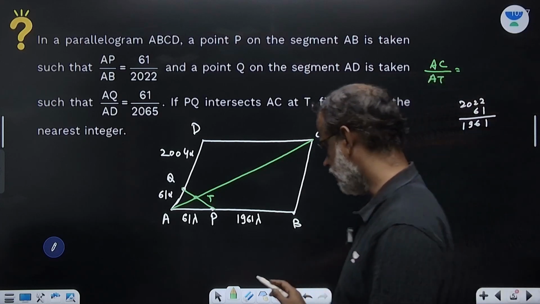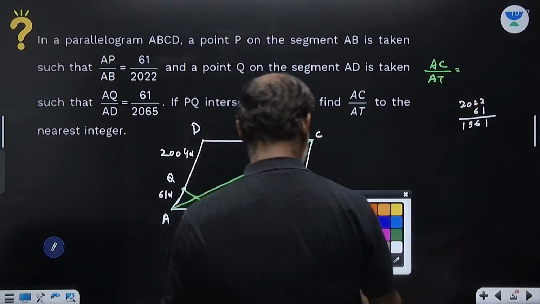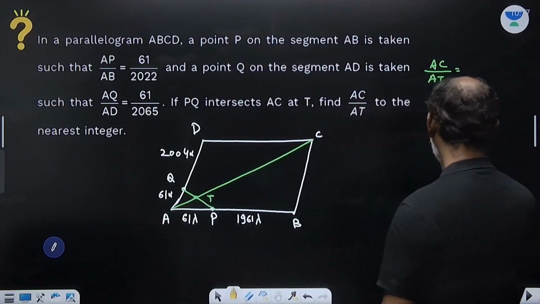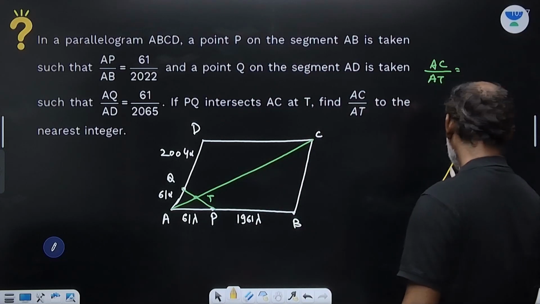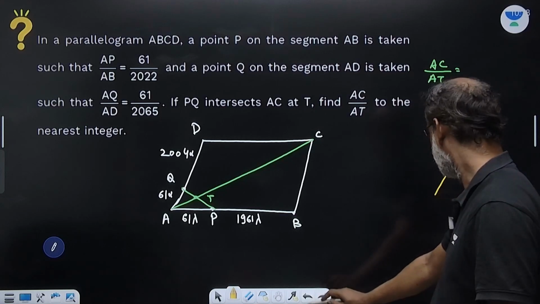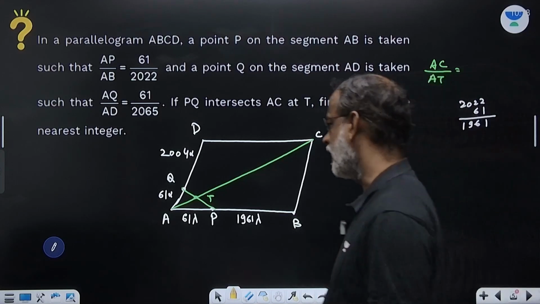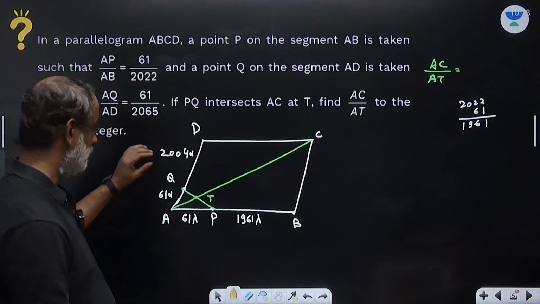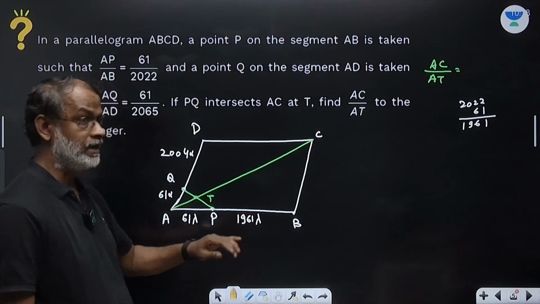So, in the section on geometry, lot of questions were done when you were given, suppose something like this, you draw a line parallel to the base, isn't it? So, something like that we are going to do. You see, this is 2004, this is 1961.